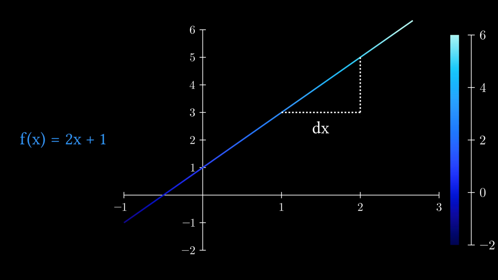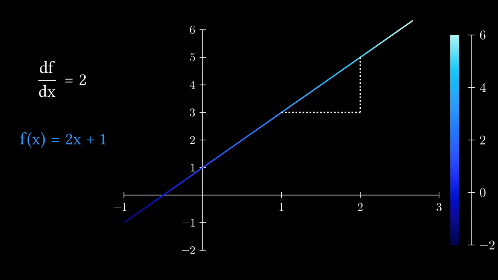And we can compare that against a corresponding change in f of x, called df for delta f. The slope would then be how much our function increases for each unit it moves forward. In other words, it would be df over dx. In this case, that would be 2 over 1, or just 2.